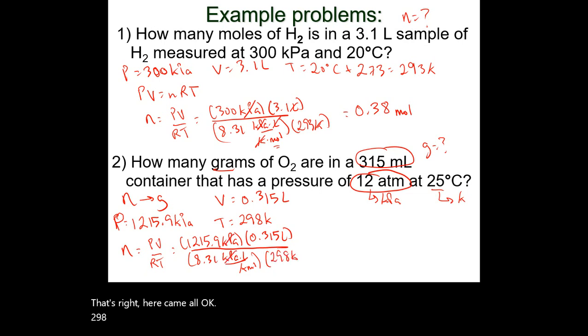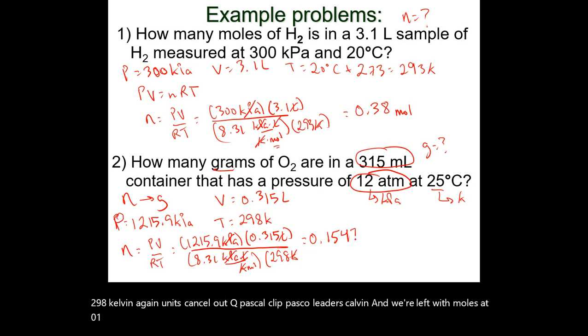Okay, again, units cancel out. Kilopascal, kilopascal, liters, Kelvin, and we're left with moles at 0.1547 moles. Now, we finally have moles, and we can convert this now to grams.